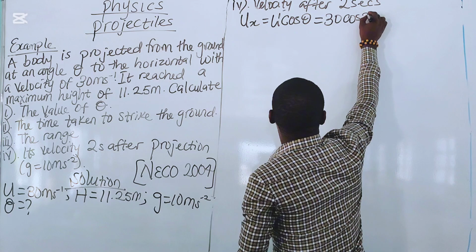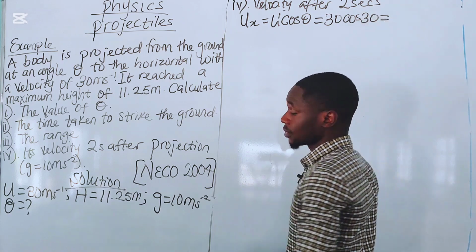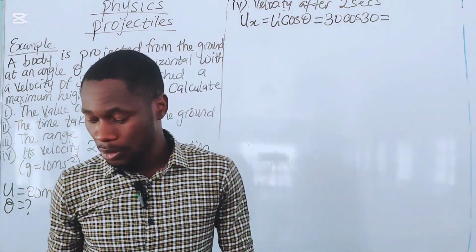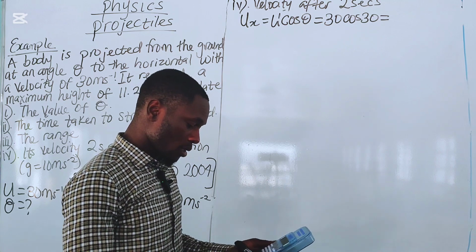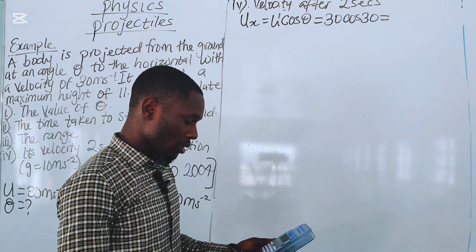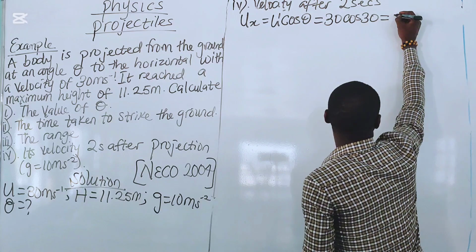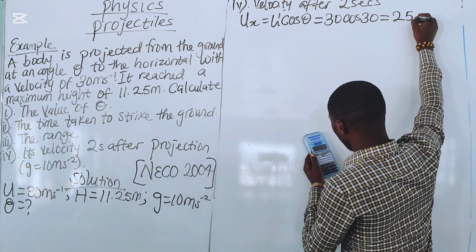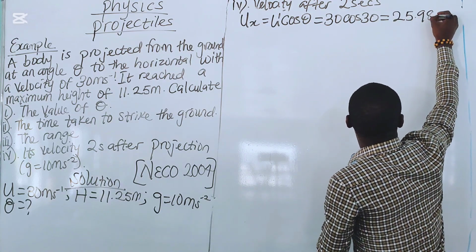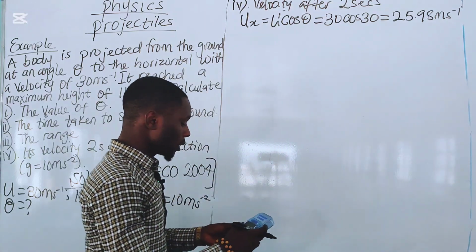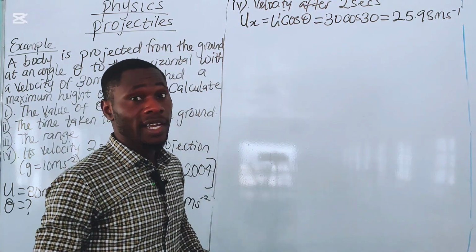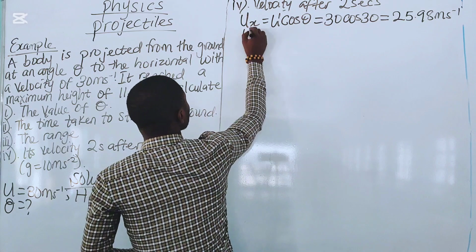So 30 cos 30, so I'll use my calculator to evaluate that. So 30 cos 30 is equal to 25.98 meters per second.